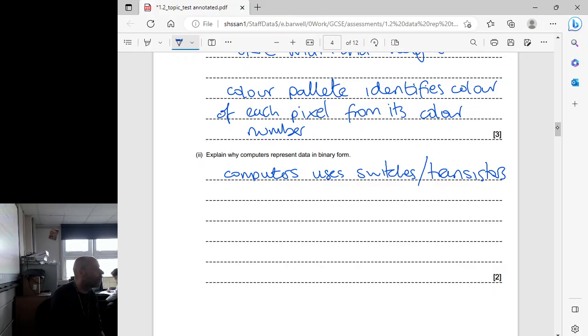These can be on or off. So that's 1 mark, and then you're tying it to the reason. So that's stating what they use, and the reason we use binary is because we can represent noughts and ones. And that's it. That's why we use binary.